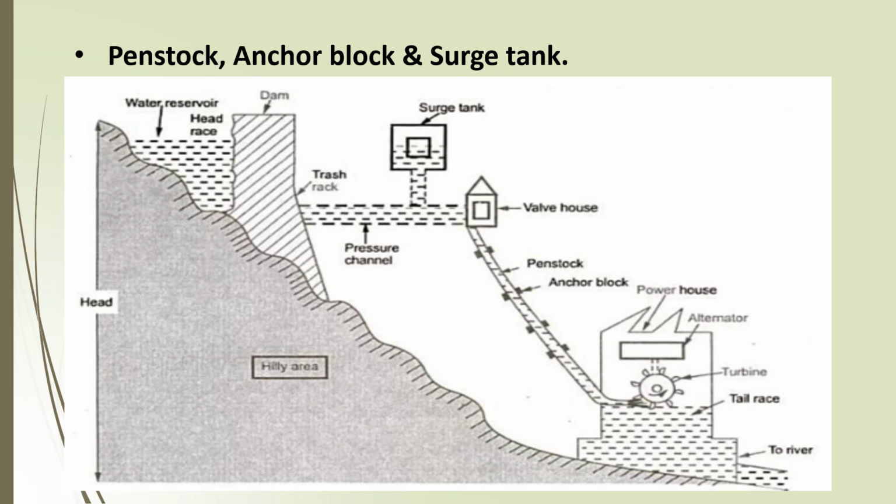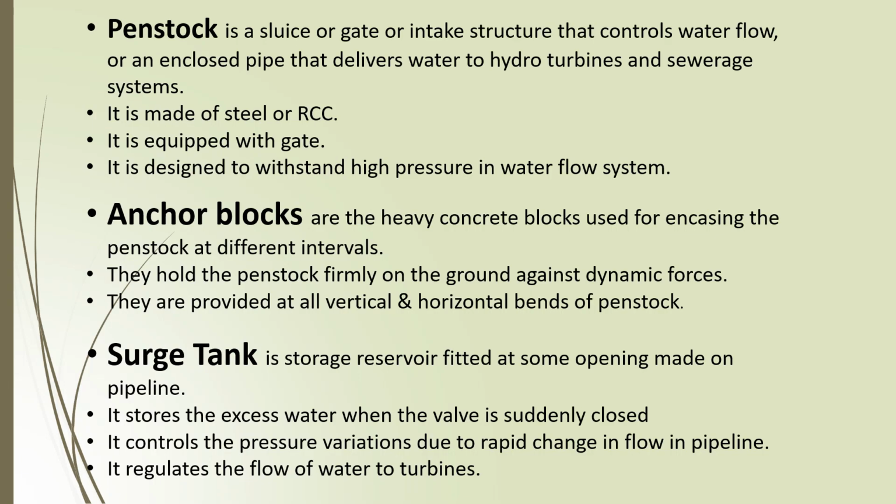After that, the water is discharged into the tail race to the river and the turbine is coupled with an alternator or powerhouse generator where it is producing the power which is supplied to the grid. So now I want to explain few important terms which are important from the examination point of view.